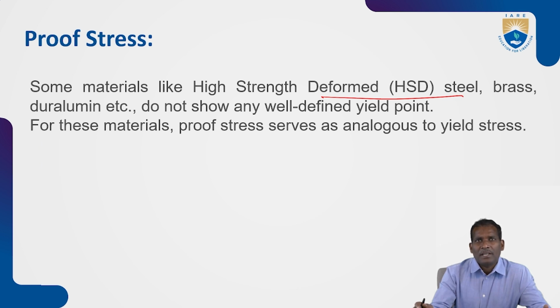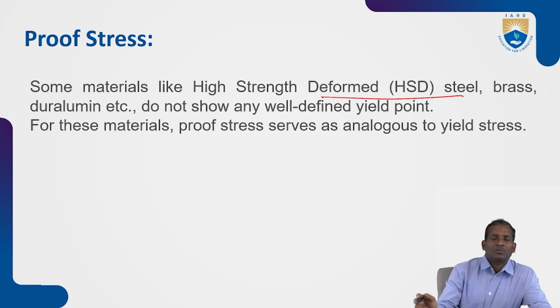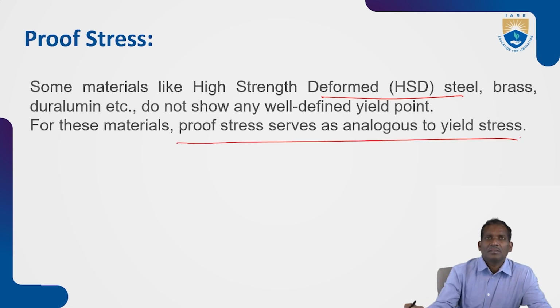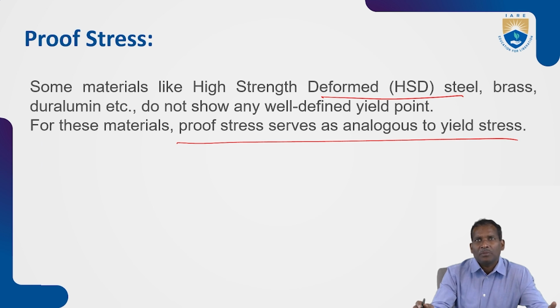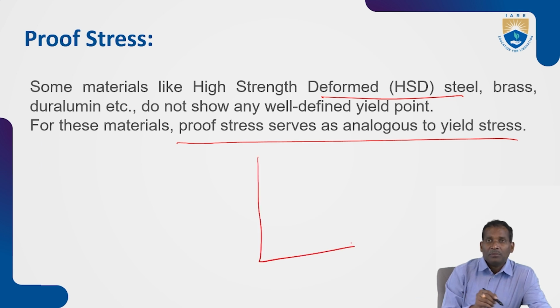So for these materials, the proof stress serves as analogous to yield stress. Particularly, these materials do not show any well-defined yield point. Suppose in mild steel or any other material, take copper, it shows some yield stress.